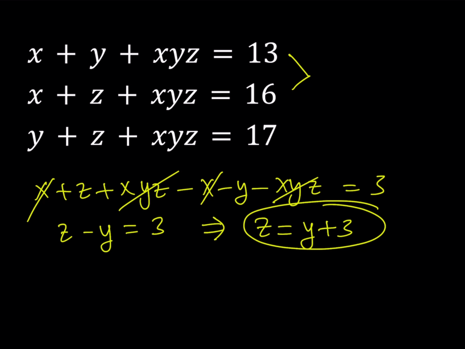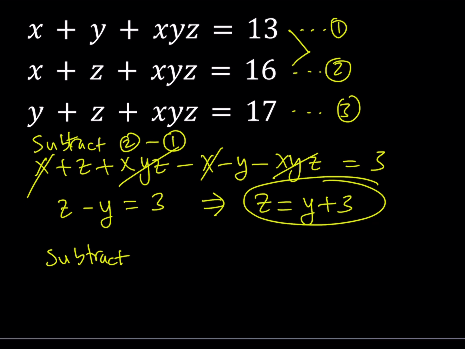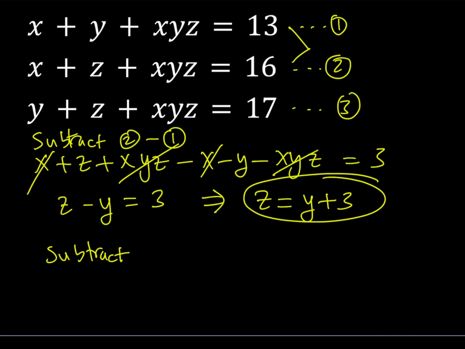Great. So if you call this equation number 1, this is 2 and this is 3, the first thing we did was subtract 2 minus 1. And the next thing we're going to do is subtract 3 minus 2.